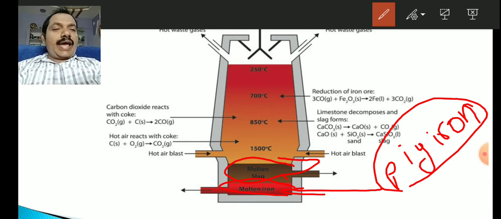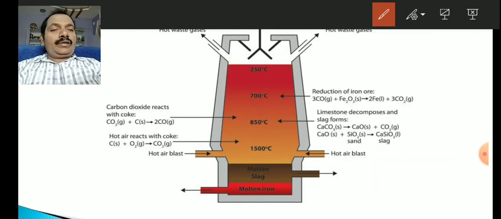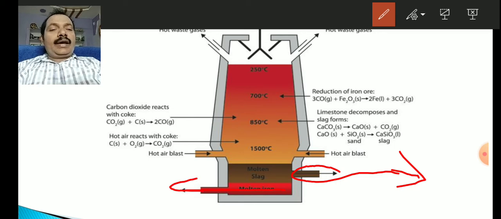So this slag is used for other purposes, and now this is tapped and collected into a vessel, and this molten iron is also collected, and it is sent to the steel making unit.